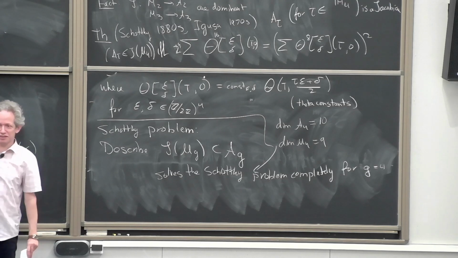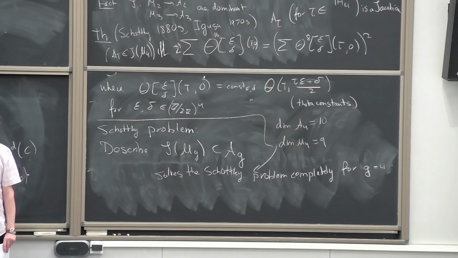I have defined a principal polarization for every matrix tau in the Siegel upper half space. I could have equally defined a non-principal polarization for every matrix tau in the Siegel upper half space. So there is a thing called the moduli space of non-principally polarized abelian varieties for a given type of polarization.